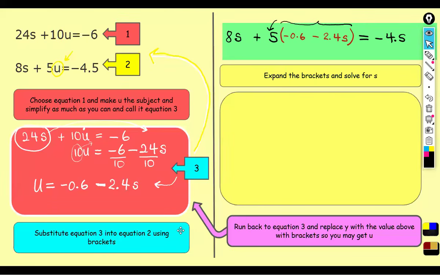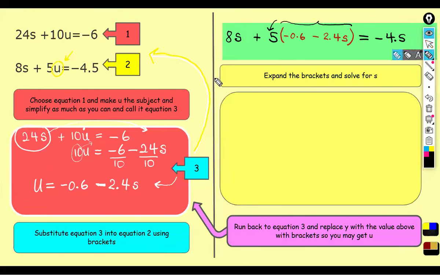Two more minutes and then I'll come in to finish off the question. We have 8S, 5 by 0.6. 0.6 multiplied by 5, you're going to get minus 3, right?